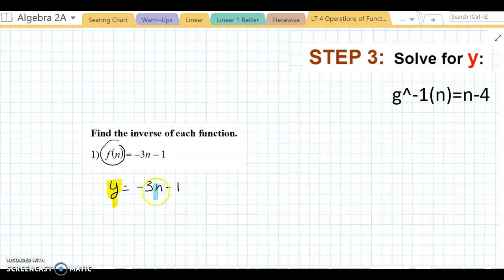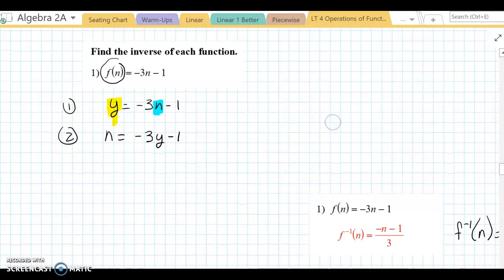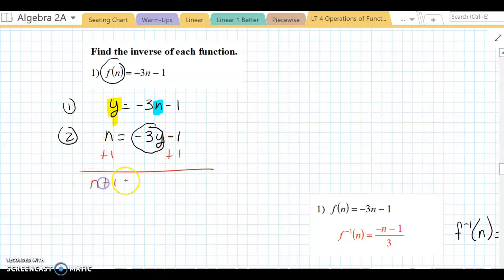Exchange that one and that one, not the negative 3. So you get n equals negative 3y minus 1, step 2. And step 3, solve for y. So I want to get the y on the left-hand side. That means I need to isolate all of that, which means I'm going to add 1 to both sides. And then I'm going to divide by negative 3.